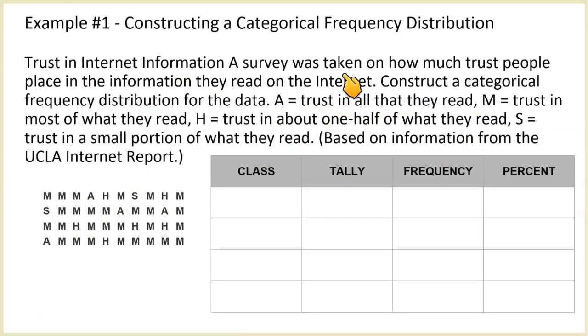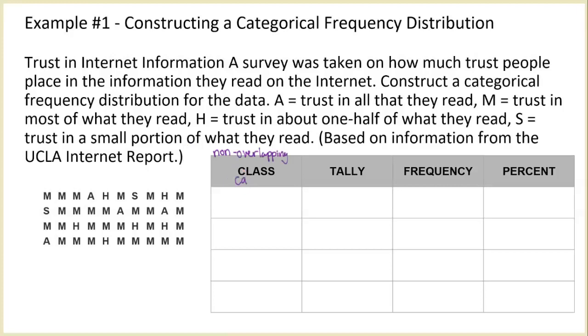So if we look at our first example, constructing a categorical frequency distribution, this information is about a survey that was collected on how much people trust the information they read on the internet. Here is our raw data, and we would like to organize it into non-overlapping categories.